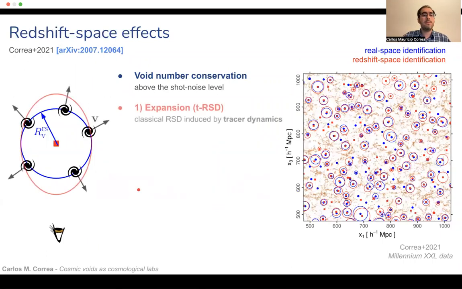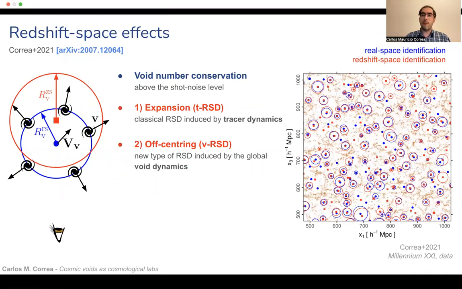First, voids appear elongated along the line of sight in redshift space. And this is a consequence of the classical dynamical distortions induced by tracer dynamics. However, as we are using a spherical void finder, the net effect here is an expanded sphere in redshift space.